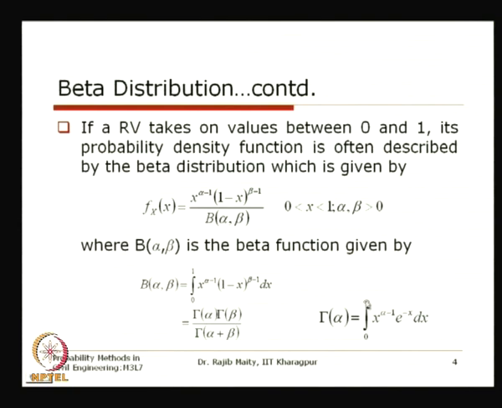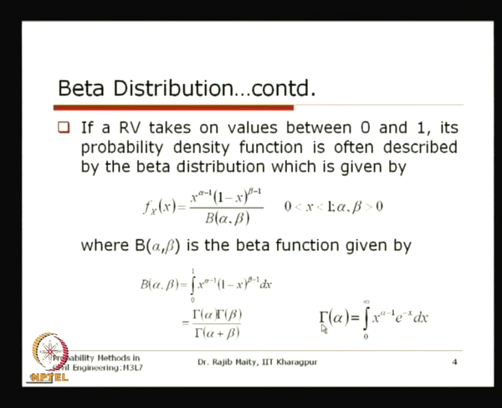This gamma function will also be used when we discuss the gamma distribution, and there are some very specific properties that we can utilize. For the time being, we have shown that alpha is greater than 0. For some specific values, this gamma function is known.